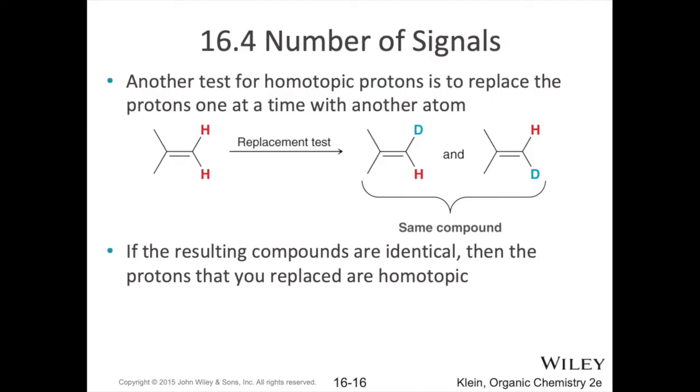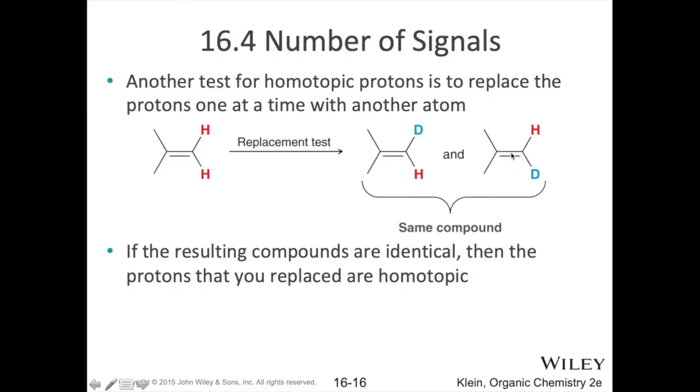If you find that your two models are still identical, it means that the two hydrogens you swapped out are homotopic to each other. For example, with this alkene, if I swap out this top hydrogen for deuterium, and then build another model and instead swap out the bottom hydrogen with deuterium, I would find that these two models are the same. They're identical.